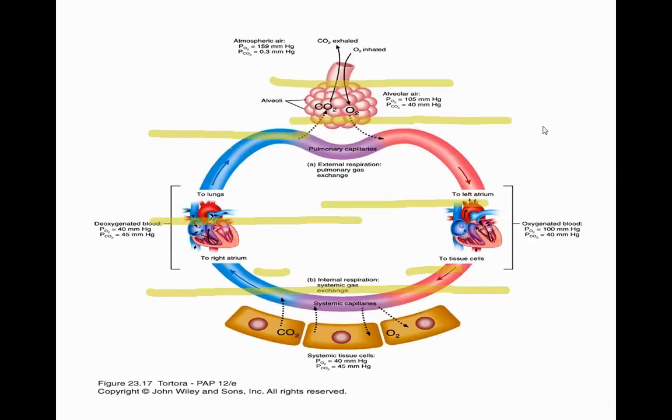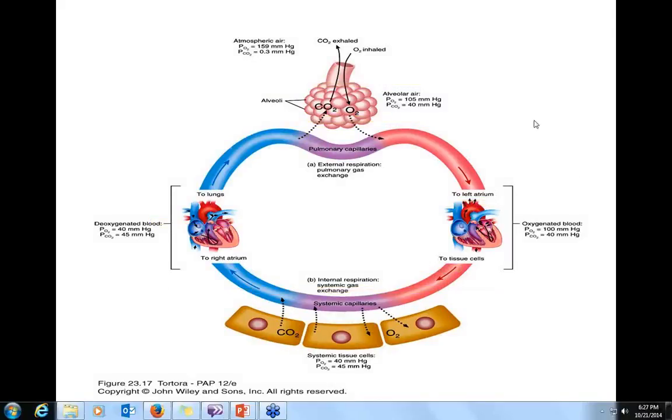All right, so let me tie in a couple of, let me erase all drawings here. And we'll go back to the spotlight. Here is internal, here is external respiration. Okay, now you have pulmonary capillaries.